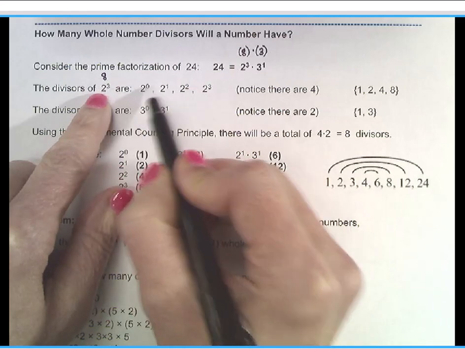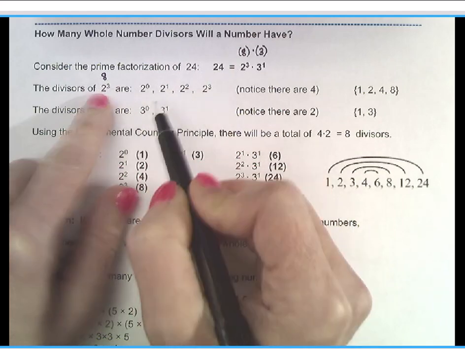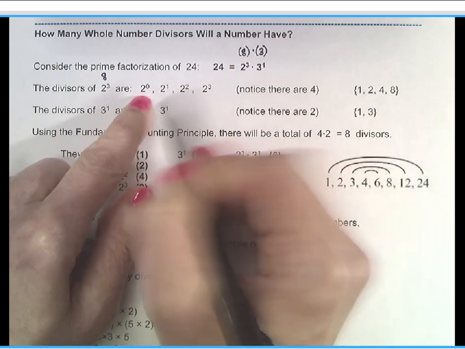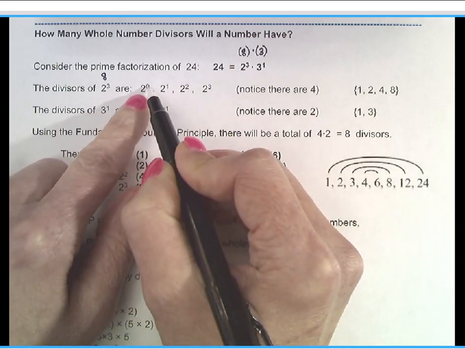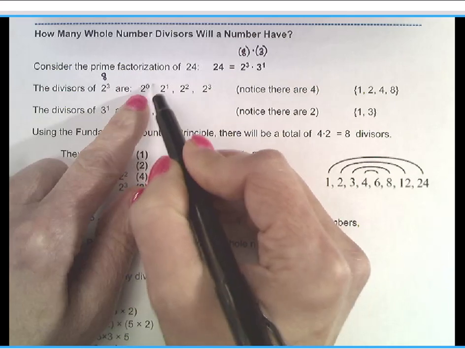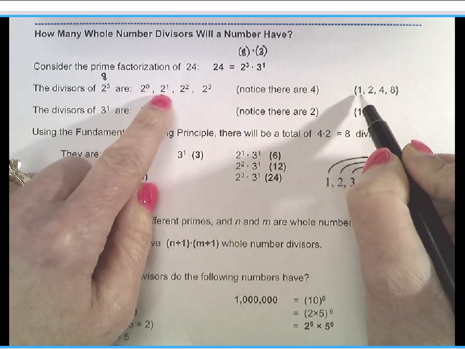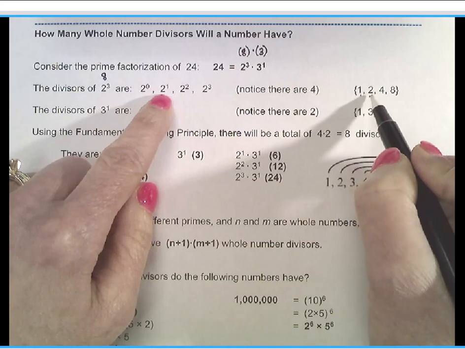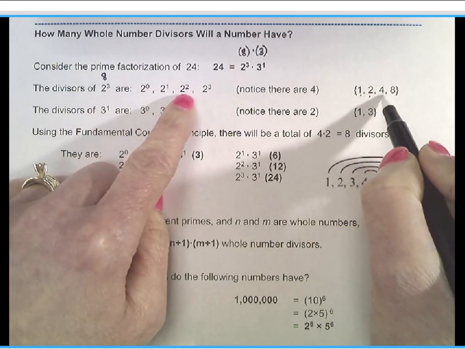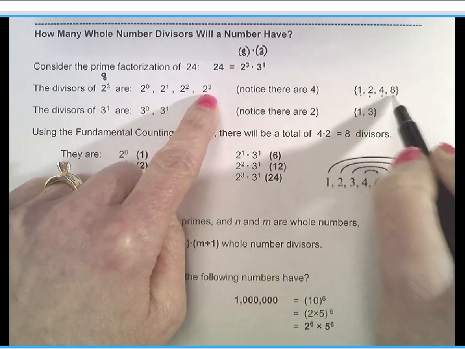So 2 to the 0, 2 to the 1, 2 squared, 2 cubed. Notice there's 4 of them. What is 2 to the 0 power? By definition, anything to the 0 power is 1. And 2 to the first is 2, and 2 squared is 4, and 2 cubed is 8.